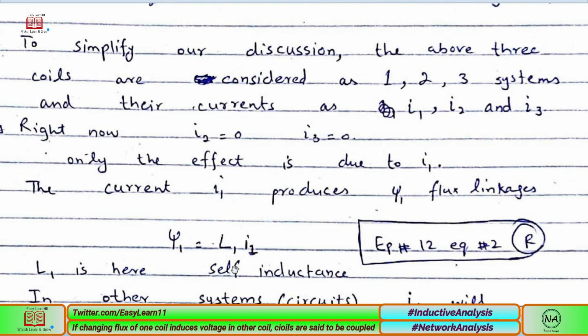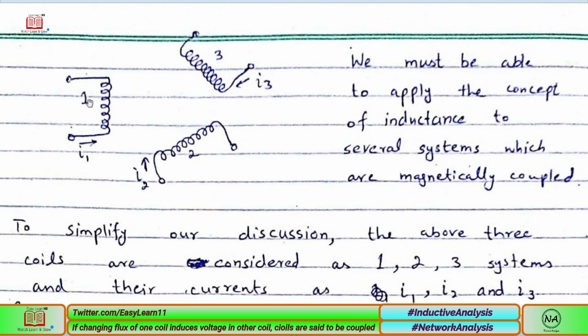The main reason I'm using L here is that in this coil the flux is produced because of its own current, so we consider it as L, meaning self-induced flux. If we have another case, like the flux produced in coil number 2 due to current I1, we consider it as M, meaning mutual inductance, because two systems are now involved.